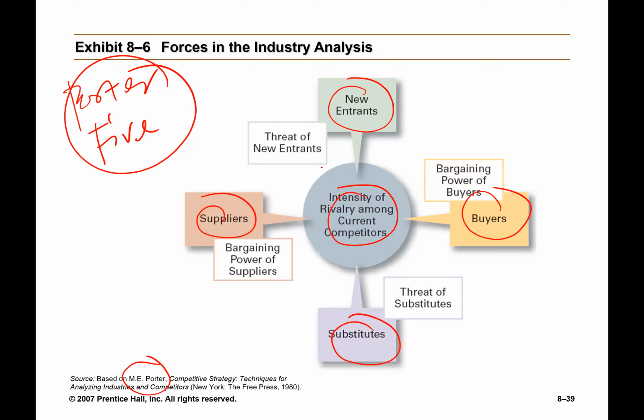Okay, for instance, supplier. Let's say you have been getting your raw material from the same supplier, but what if suddenly the supplier is getting a lot of new buyers? Okay, so when there are a lot of new buyers, they can bargain with the supplier.